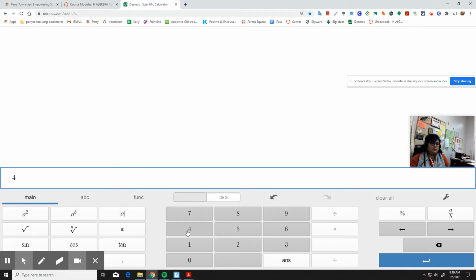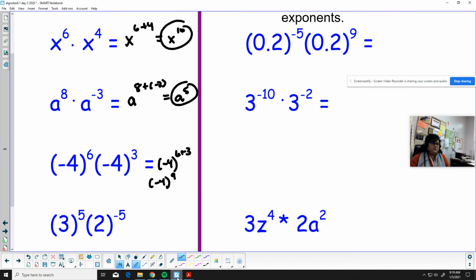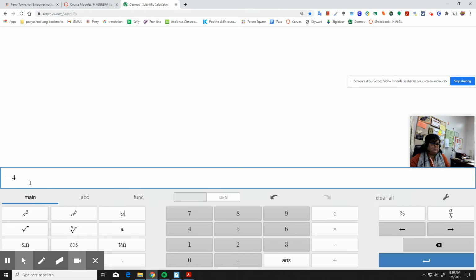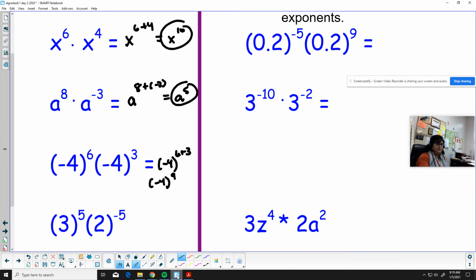Negative 4 to the 9th power. I know it's going to be negative because that's an odd number. And that's negative 262,144.